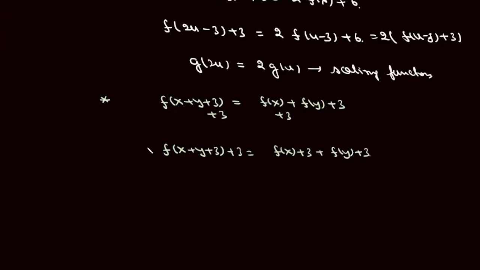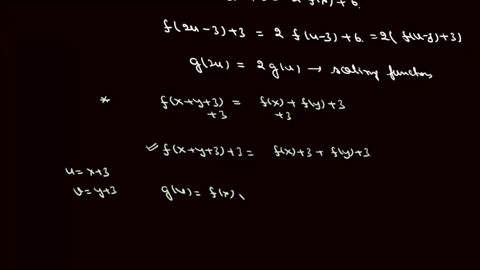Now, if we write this for our shifted inputs, we'll take u as x + 3 and v as y + 3. Then g(u) is f(u - 3) + 3, and f(u - 3) is simply f(x).